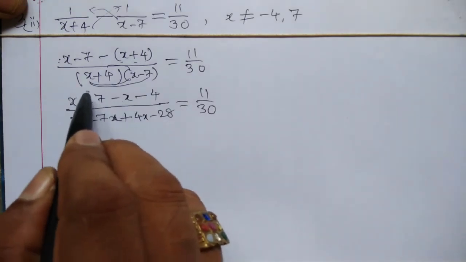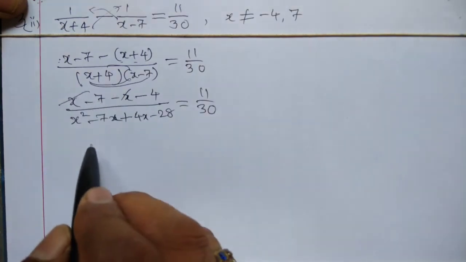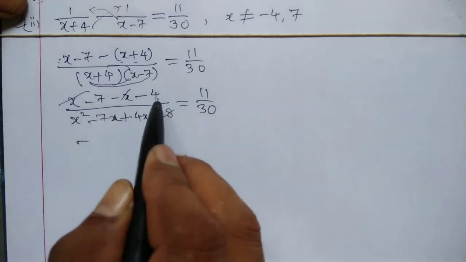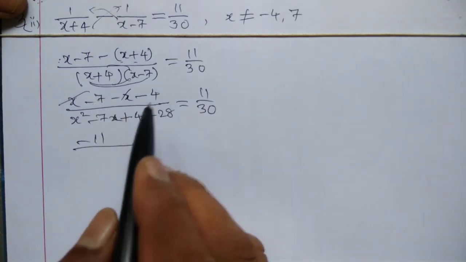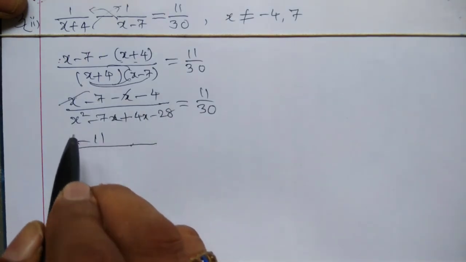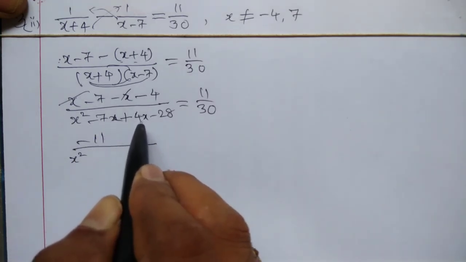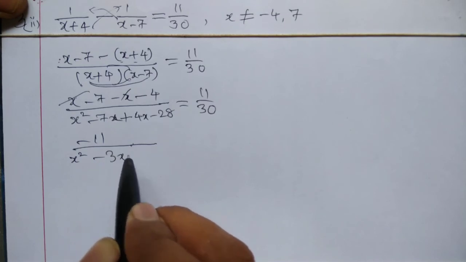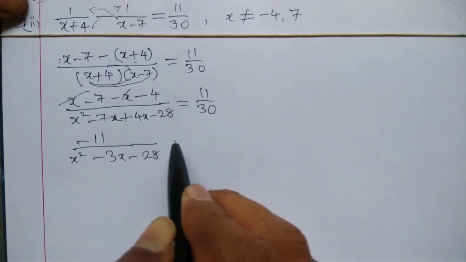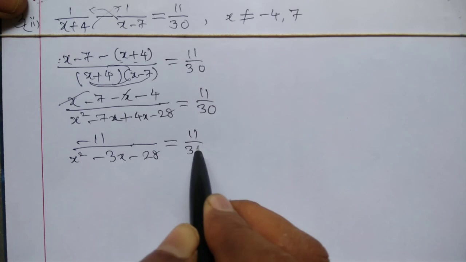Plus x minus x cancel, minus 7 minus 4 minus 11 by x square minus 7x plus 4x minus 3x minus 28 is equal to 11 by 30.